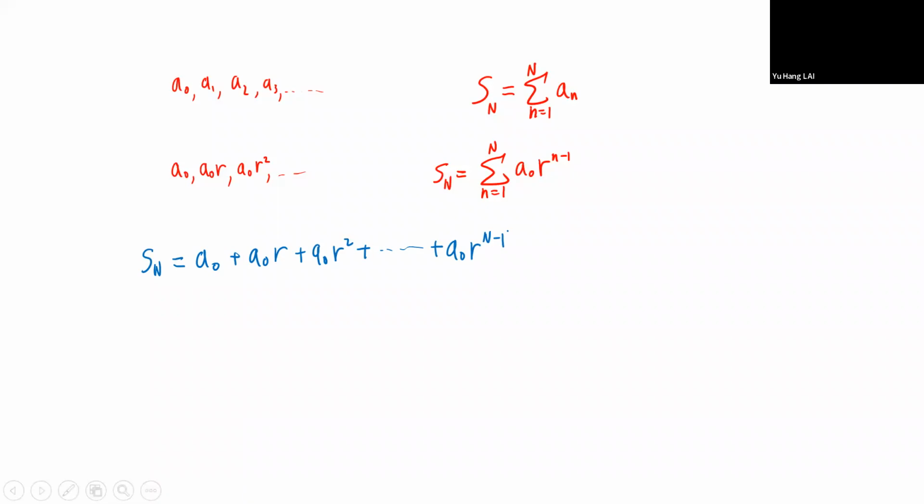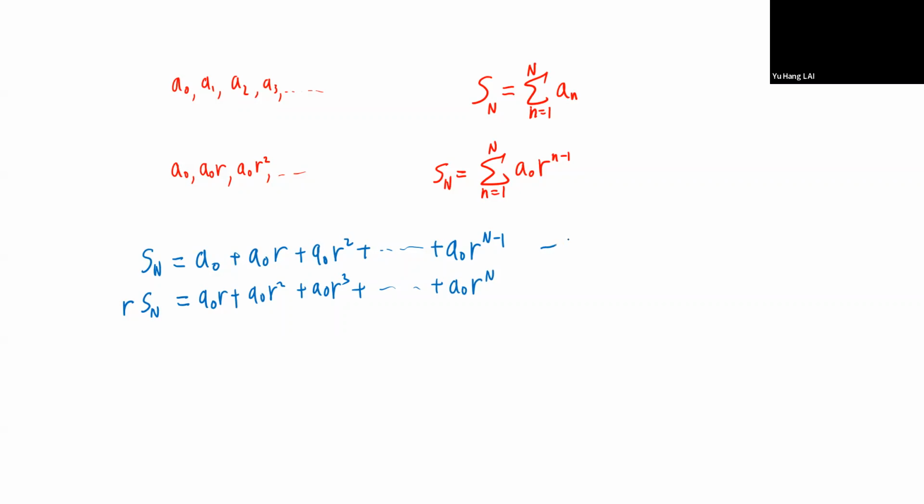Now if I multiply both sides by r, then what you have is a naught r plus a naught r squared plus a naught r cubed, all the way to a naught r to the power capital N.